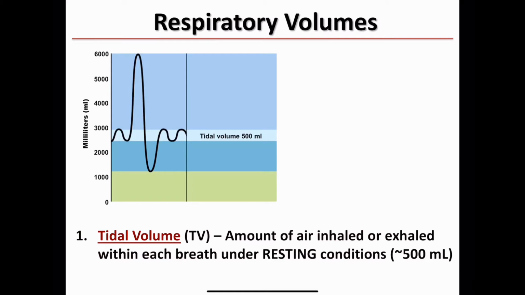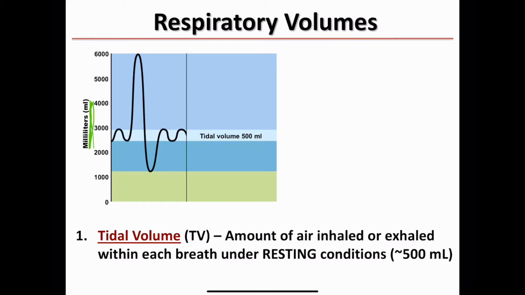So first, when reviewing the graph, let's go over the axes. The y-axis is the amount of air that's in your lungs at any given time, and it's in milliliters. You can convert milliliters to liters very quickly by shifting the decimal point 3 places to the left.